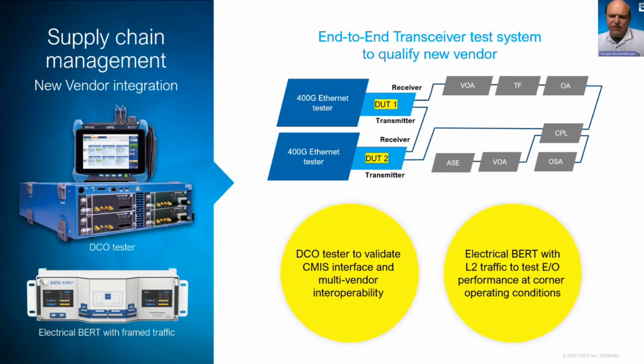So the total setup here shows a combination of an optical amplifier and tunable filter. That's like simulating the DWDM here, and also a variable optical attenuator. So this is really to simulate the impairments, the behavior of a link.